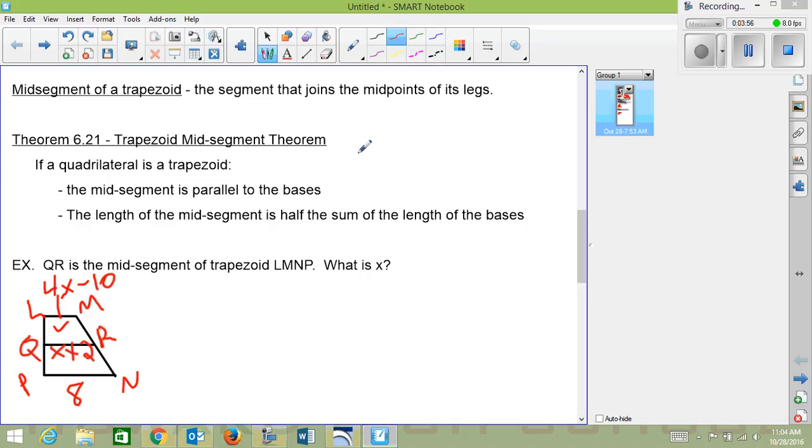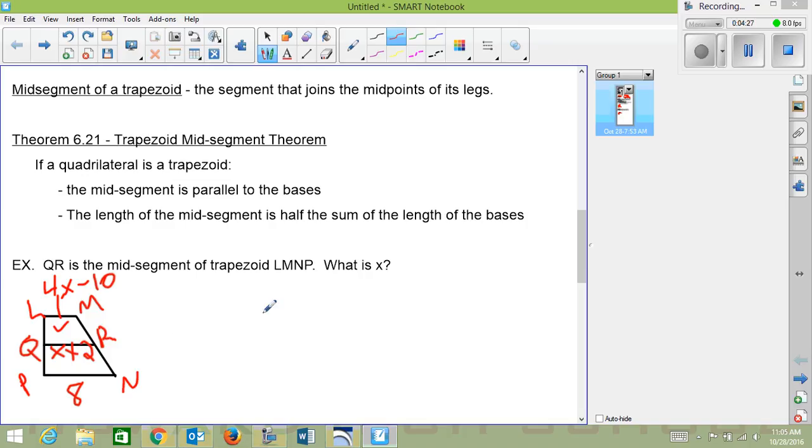Theorem 6.21, trapezoid mid-segment theorem: if a quadrilateral is a trapezoid, first of all, the mid-segment is parallel to the bases, and you can see in this figure that this line is parallel to its bases. The length of the mid-segment is half the sum of the lengths of the bases. So you add up your two bases, and this is half of that sum.